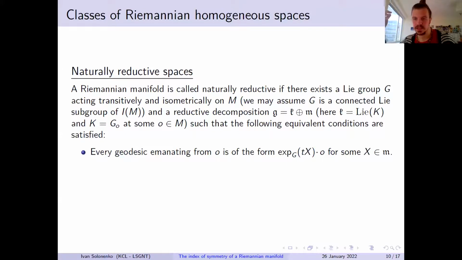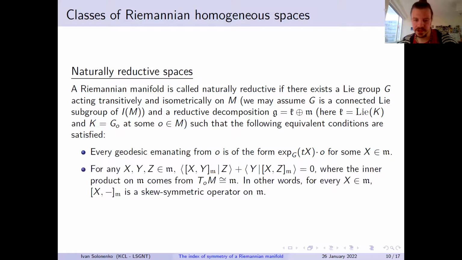So here X must be in M. Anyone who's done a little bit of symmetric spaces knows that symmetric spaces satisfy this definition. And for G you can take the whole isometry Lie group.